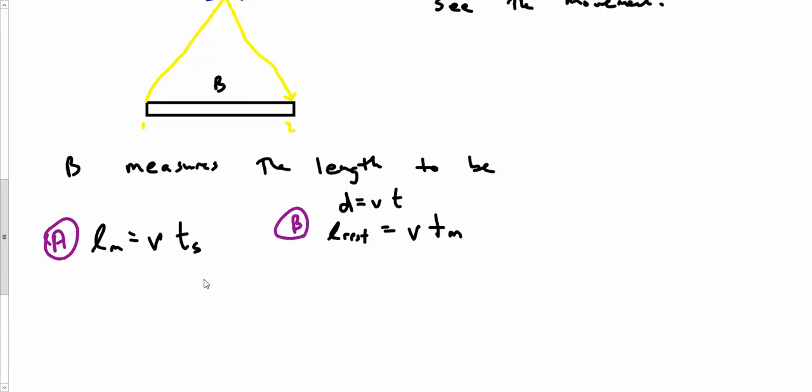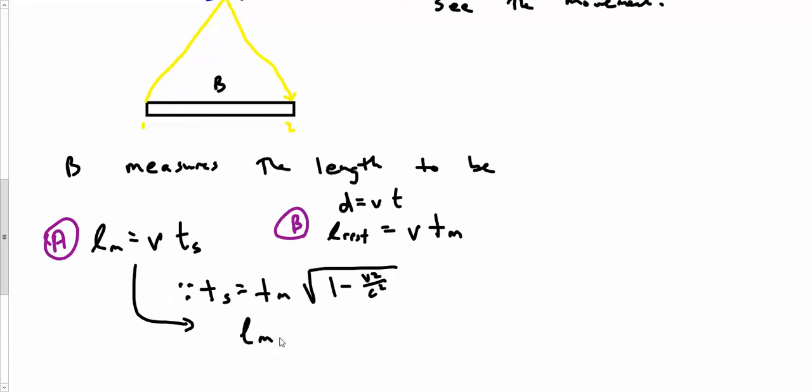We do know that Ts equals Tm times the square root of 1 minus v squared over c squared. So if I rewrite this, Lm, moving, is v times t stationary.